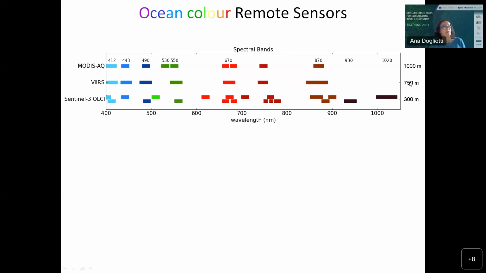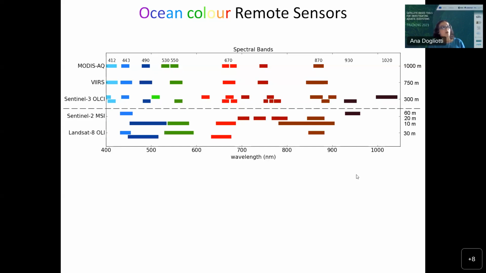But apart from the traditional ocean color remote sensors, we also have sensors that were actually defined for land applications, which we have been using for ocean color too. Since they also have these bands in the visible, and sensors have been changing, now they are thought to be useful for water systems, with bands in the blue, green, and red.